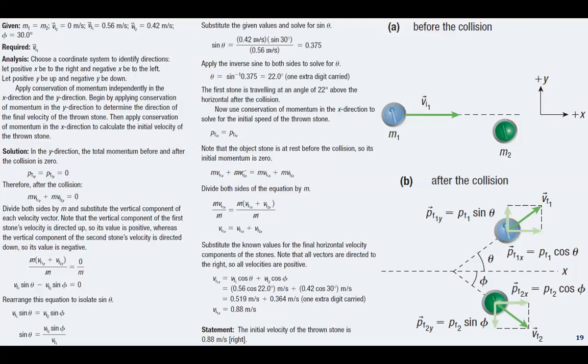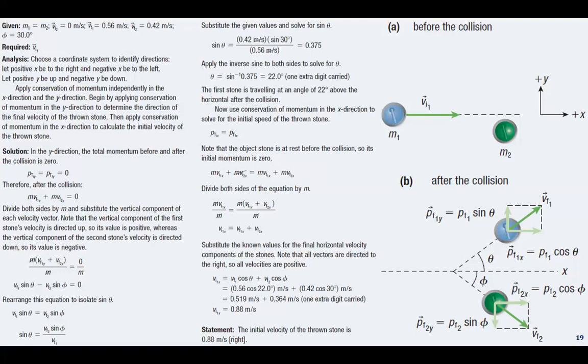Then we have m times Vf1y plus m times Vf2y over m equals 0 over m. Simplifying this gives us Vf1 sine theta minus Vf2 sine phi equals 0. So we can rearrange this equation to isolate sine theta.